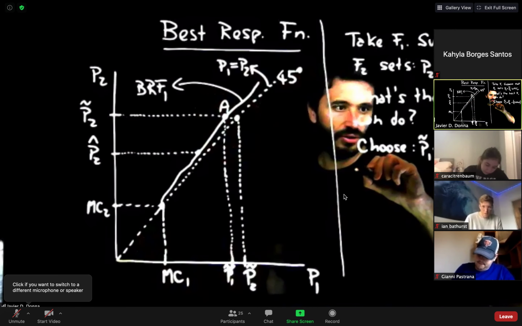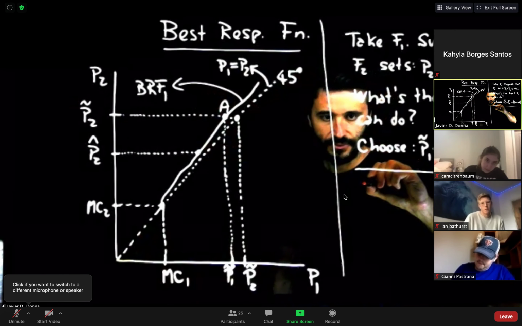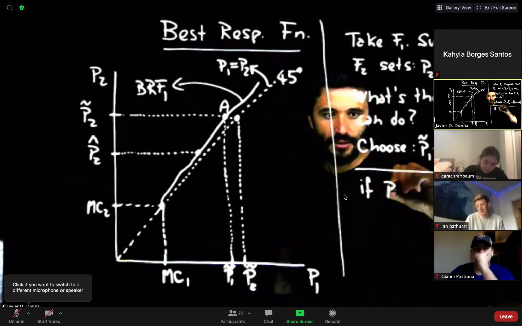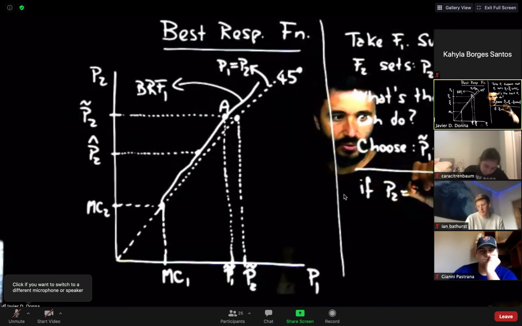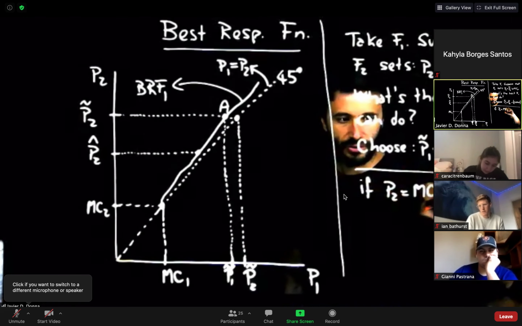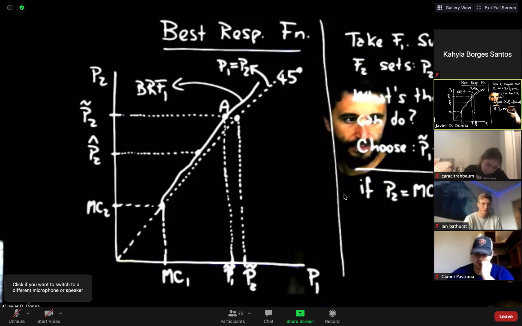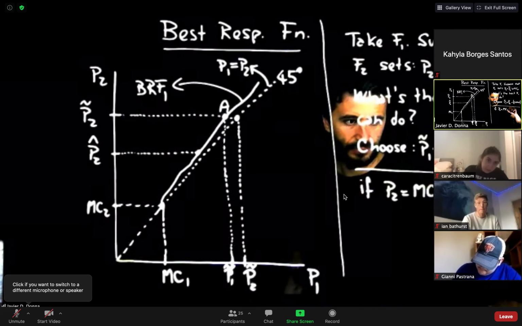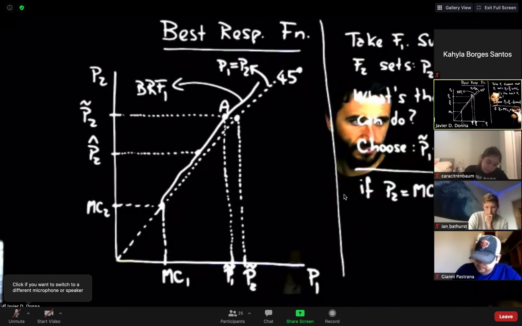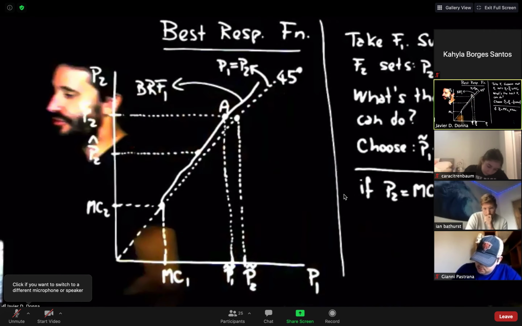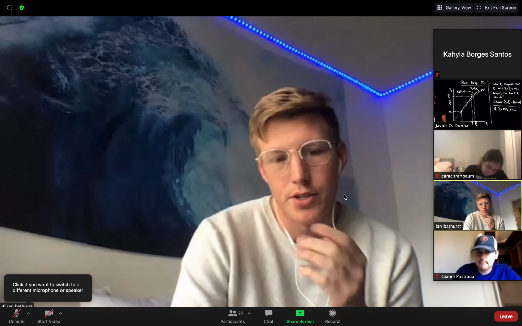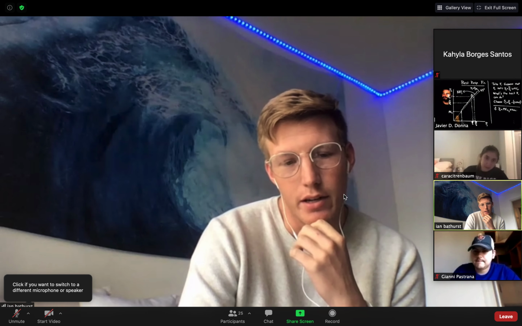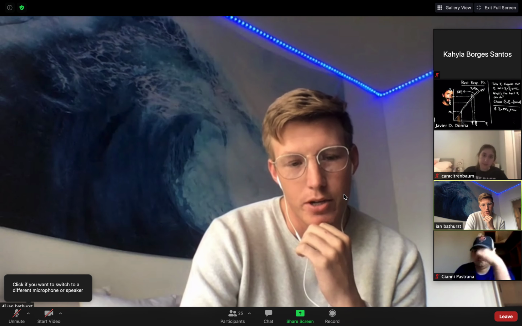What happens at the marginal cost? If P2 is equal to marginal cost 2, then what should firm 1 do with P1? Would you want to just set it equal and then take half, instead of losing out on profits by setting lower than the marginal cost?